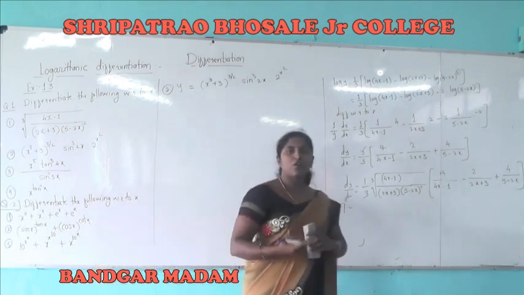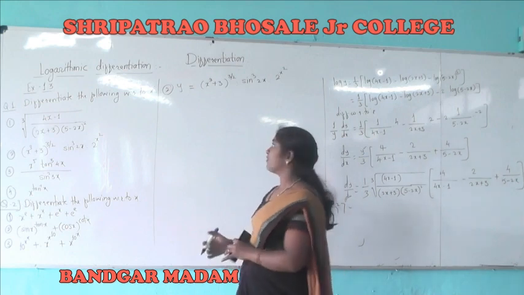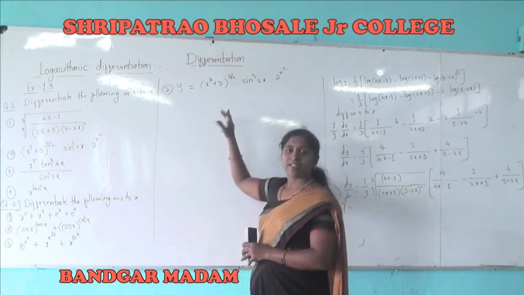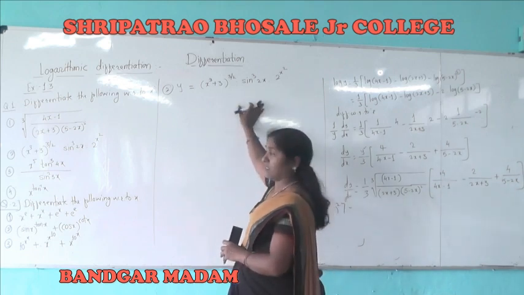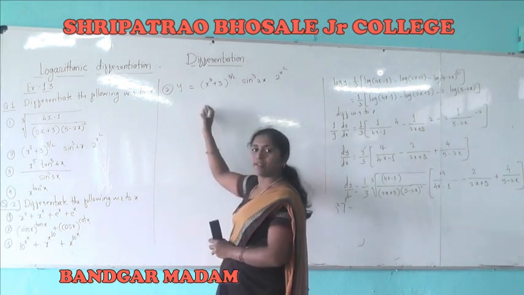Again, this is a product of a number of functions. So using logarithmic differentiation, first we have to take log on both sides and then distribute log in the RHS and then simplify for log y and then differentiate.